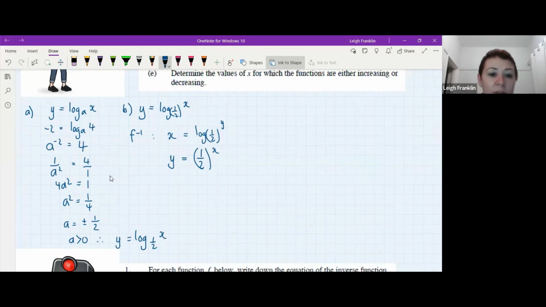The other thing that we could do if we wanted to is, instead of writing it as f, I could write it like that. This one is easier. It's when you have to go from here to here that normally causes an issue, or it becomes a little bit more difficult.